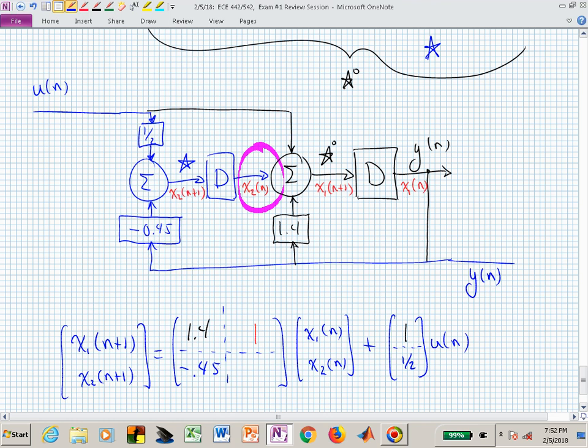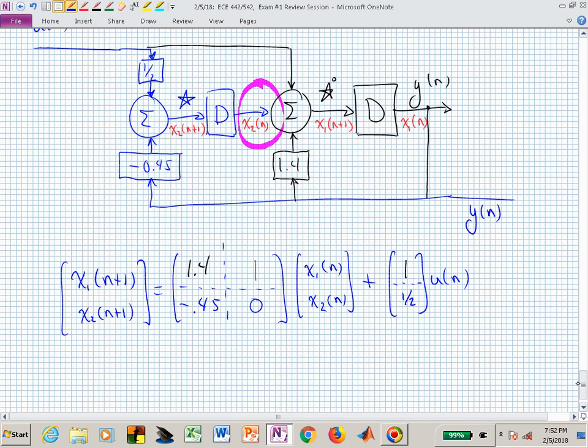What happened to X sub 2 of n? It doesn't directly come in to make up X sub 2 of n plus 1, does it? But it's helping to create X sub 1 of n, which is coming back and making X sub 2 of n plus 1. And those are now my equations that govern the dynamic behavior.